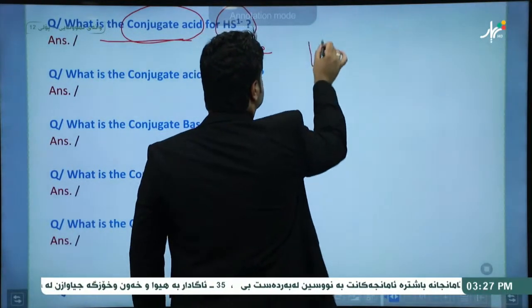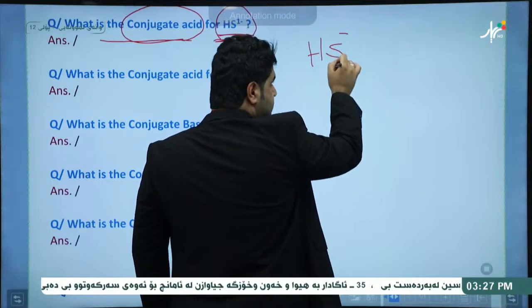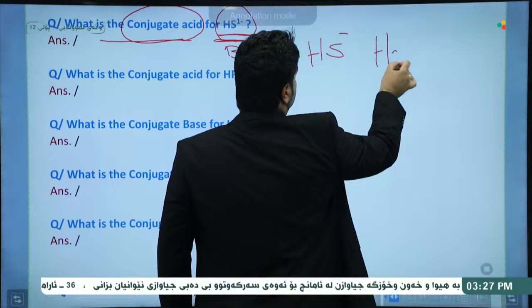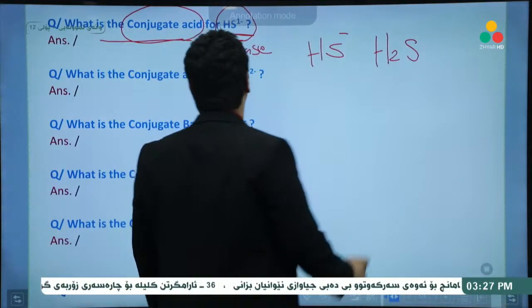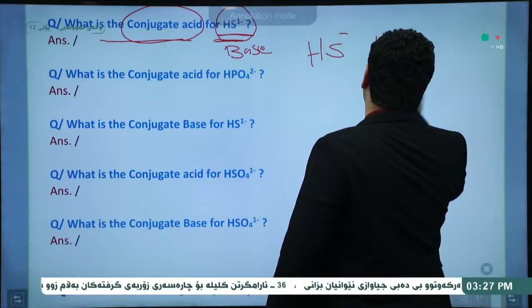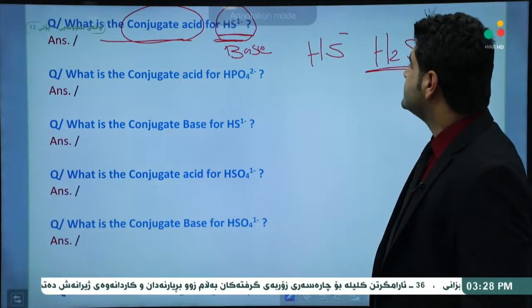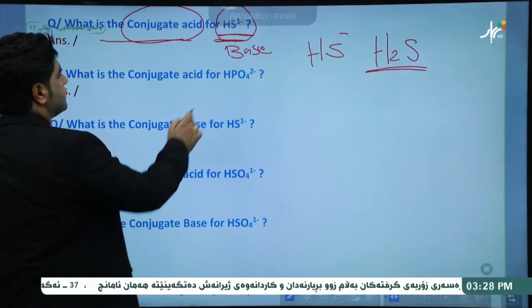HS-1, put a proton into its formula, it will be H2S. H2S is a conjugate acid for HS-1.